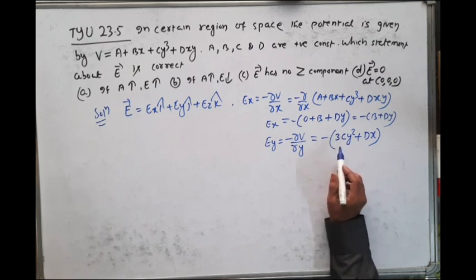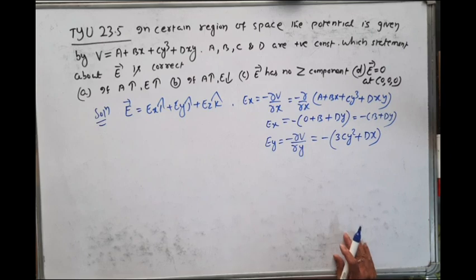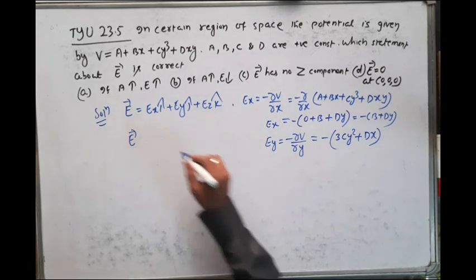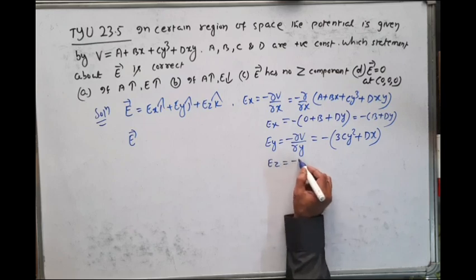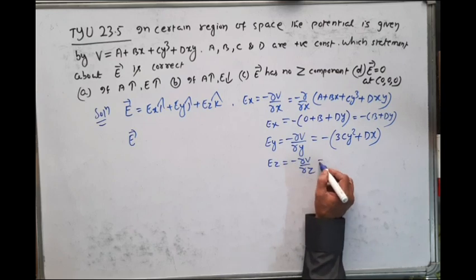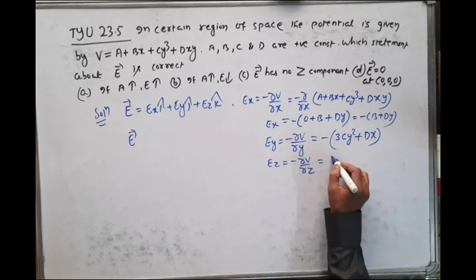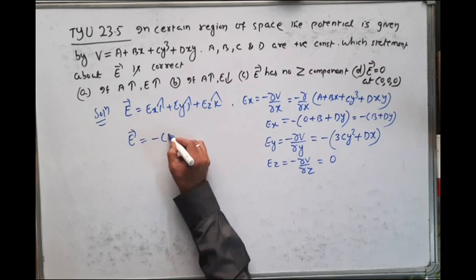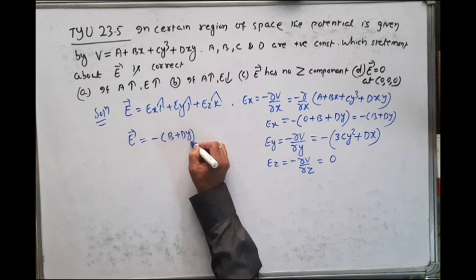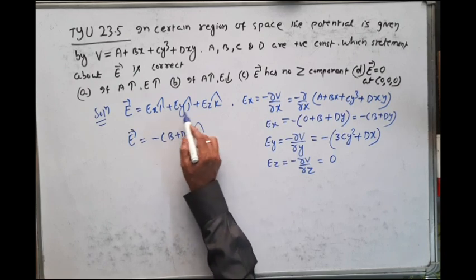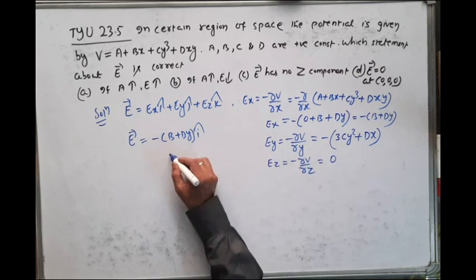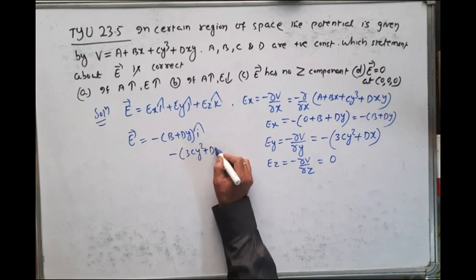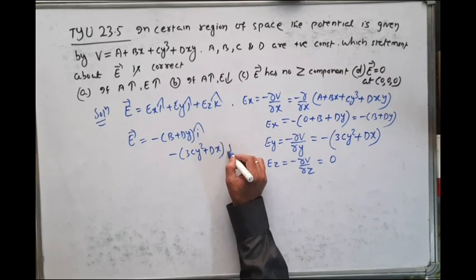Now Ez is equal to minus ∂V/∂z. Here there is no z, so that is 0. So I can write E is equal to Ex, minus (B plus Dy) i cap, plus Ey j cap, which is minus (3Cy square plus Dx) j cap.